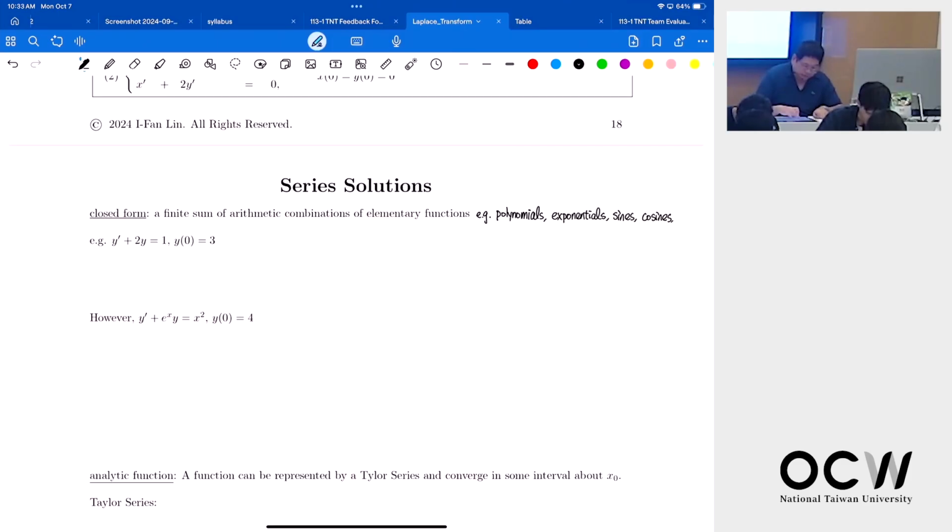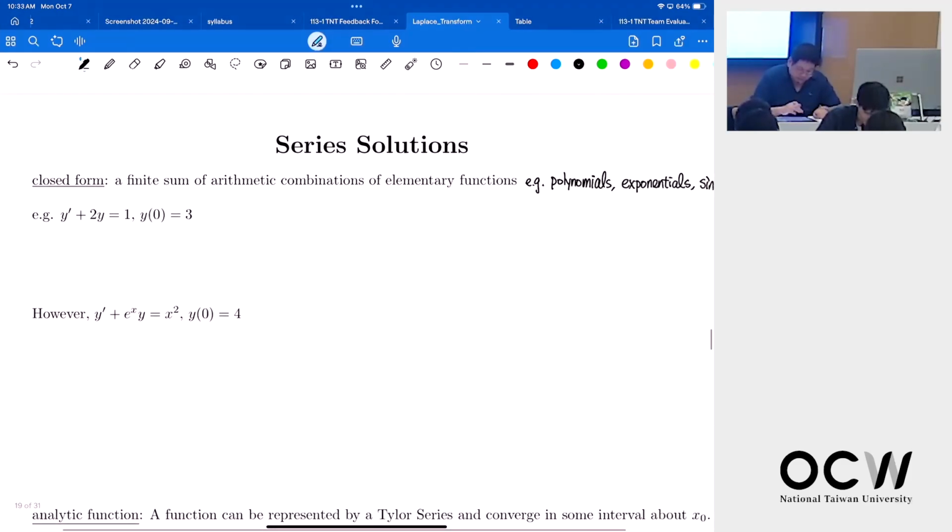For example, since we have a closed form solution, then we know how to draw it, and most of the time it is easier to draw the solution.